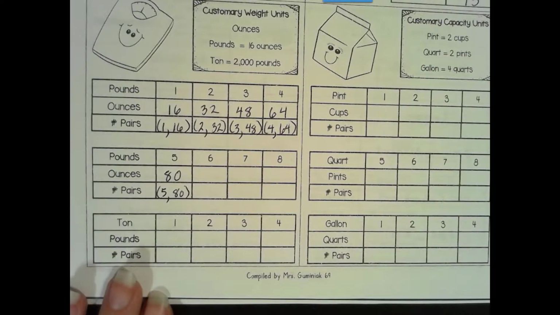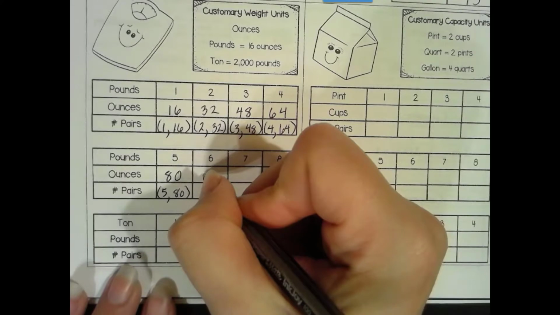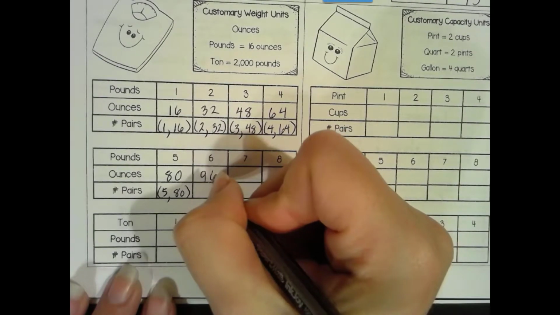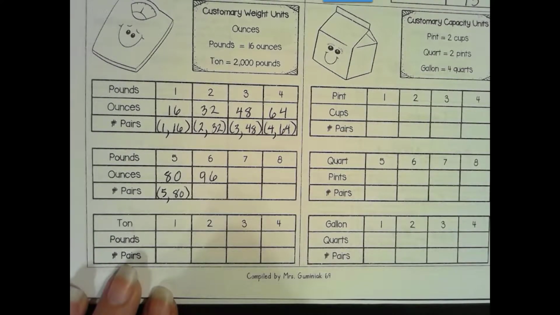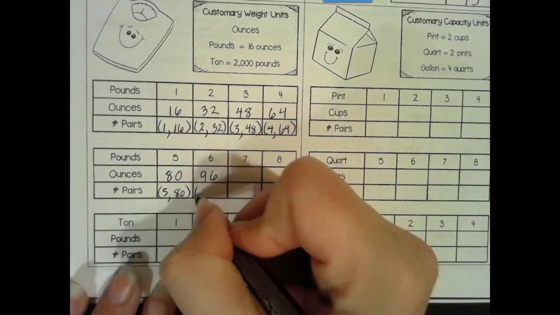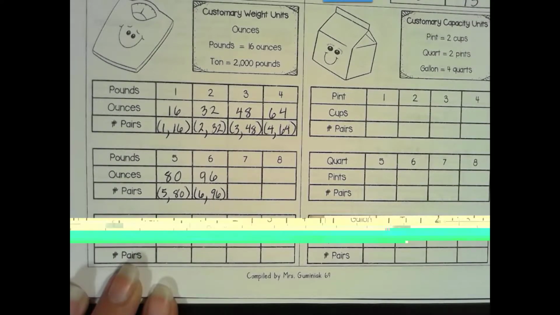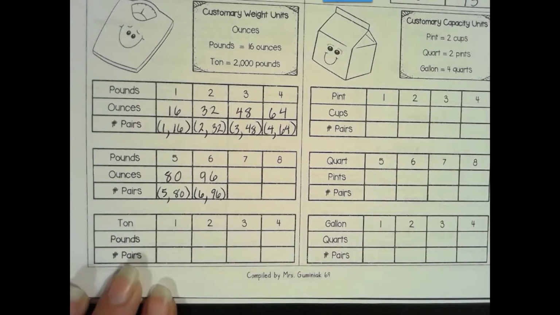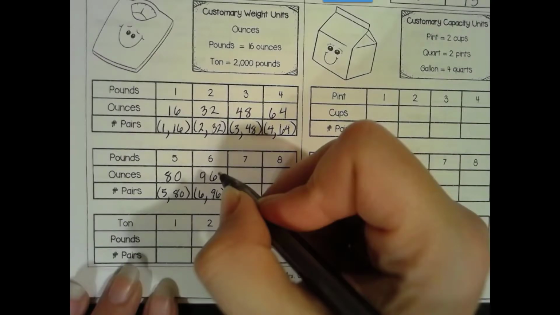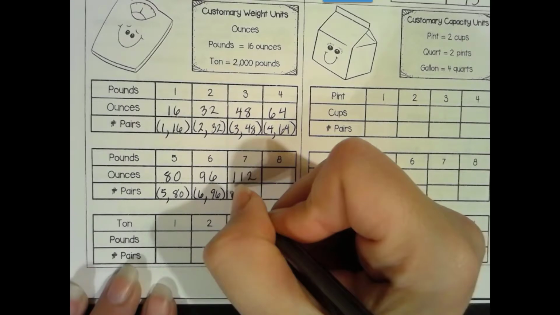So this is more challenging than multiplying by 10, 100, 1,000, because most of us don't know our 16s that well. So it takes a little bit of work. 6 times 16 is 96. So every 6 pounds is 96 ounces. Okay, 7 we have 112.